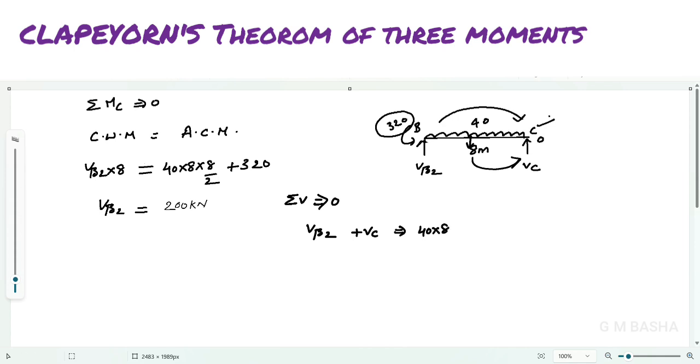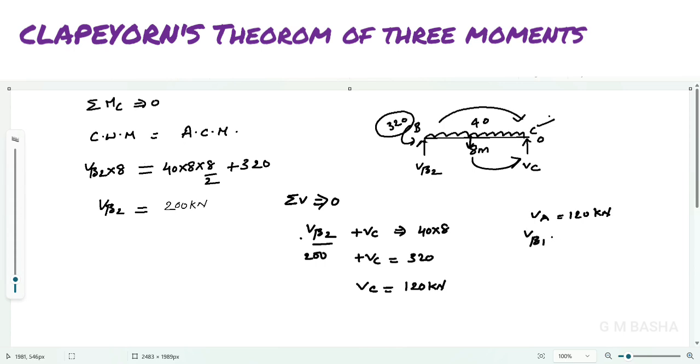For UDL you can take W into L. So already we know VB2. Take down that one as 200 plus VC equal to 320. So VC equals 320 minus 200, which is 120 kilonewton. So these are the vertical reactions. You take down all the reactions here. VA will be equal to 120 kilonewton.